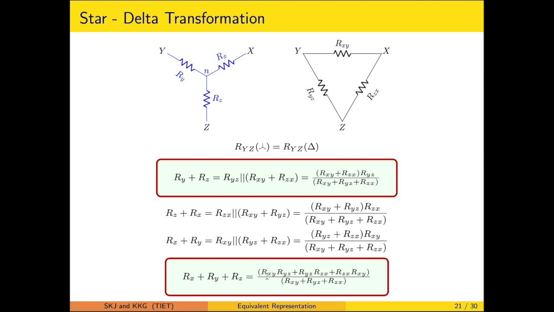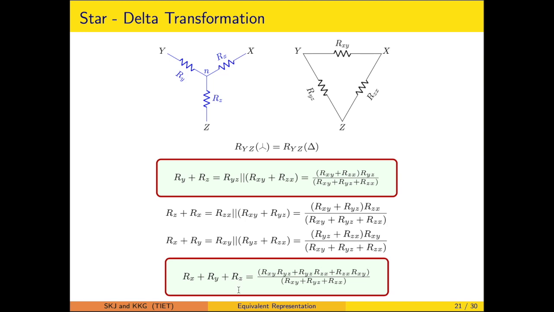If you are simply adding, twice of each term will appear, like the 6 resistances adding up to 2Rx plus 2Ry plus 2Rz. That's why it needs to be divided by 2.